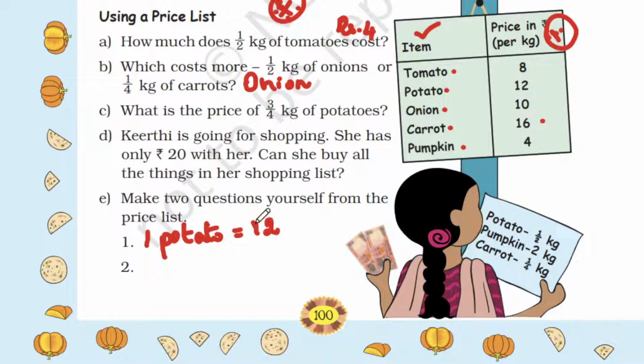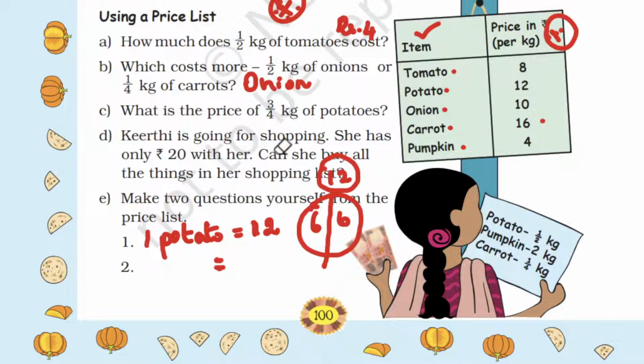So let's see how many halves there are first. Imagine that this is a full potato. This full potato is 1 kg, which is rupees 12. So half of this, when you divide 12 by 2, you will get 6. So half is rupees 6. But they are asking 3 by 4.